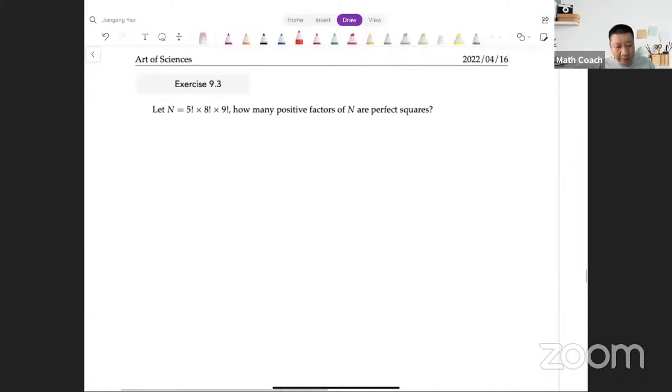Let n equal the product of 5 factorial, 8 factorial, and 9 factorial. How many positive factors of n are perfect squares? 74, go ahead.